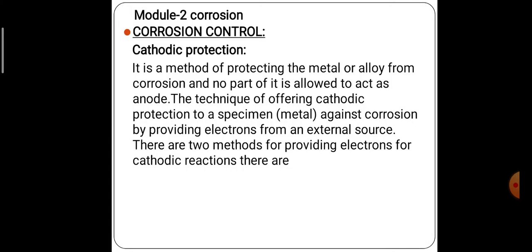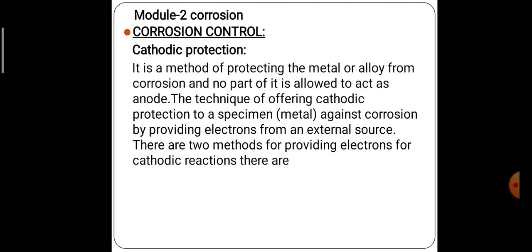Last class we discussed two types of corrosion control methods: one is the metal coating method, another is the inorganic coating method. Today I am going to explain one more type of protection method, that is cathodic protection.